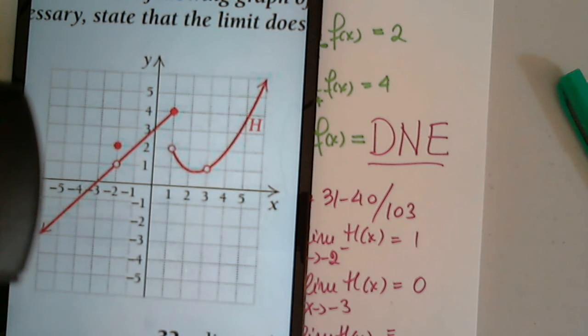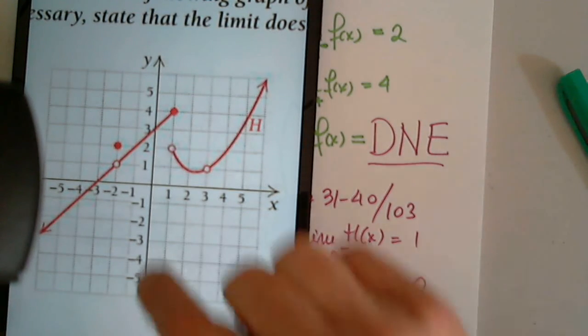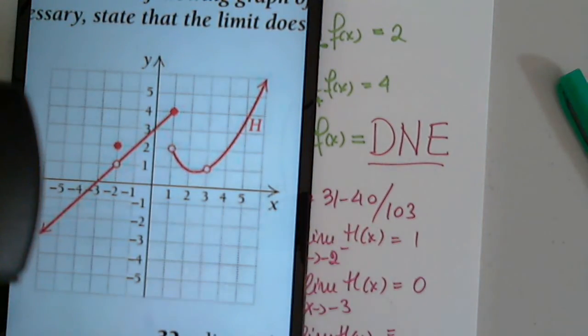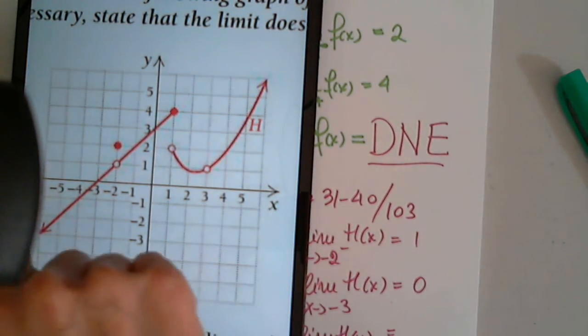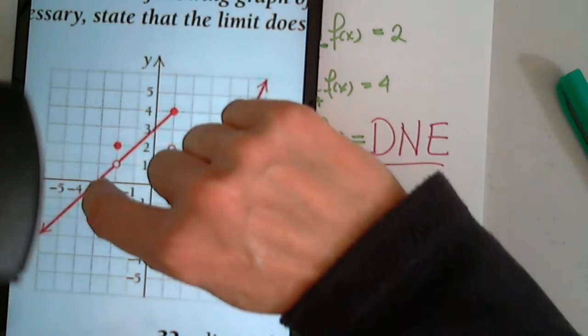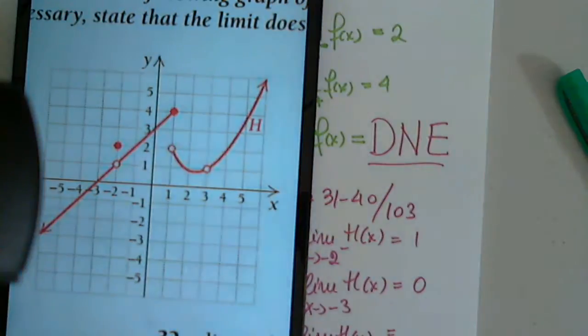Is that okay? Yeah, I'll watch more of them and see if I'm still confused. But this is 0, right? This is the x-axis. The y value is 0 there. At any point on the x-axis, the y value is 0. The coordinates of this point are negative 3, 0. And 0 is the y value.